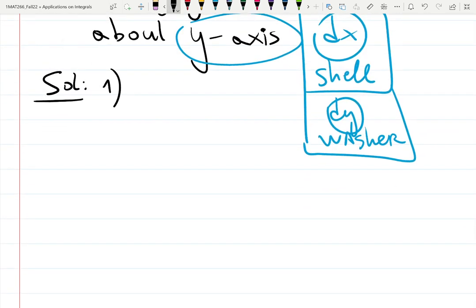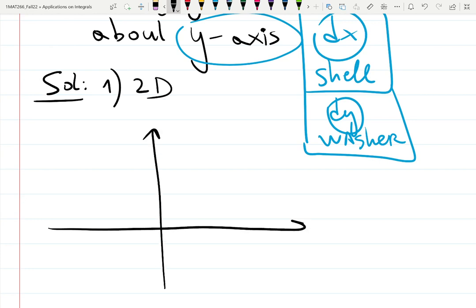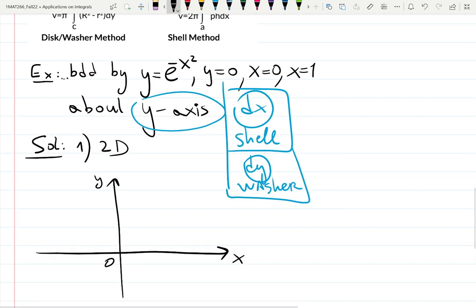So step 1, sketch the 2D graph. I don't know the method yet, and it's up to you as a scientist to choose what's more convenient. For this case, one of the methods will be not realistic to do at all. I don't know how the function y equals e to the minus x squared looks, so I use technology to draw it.